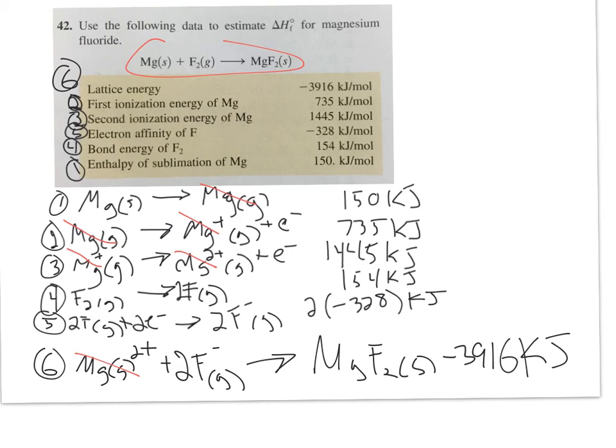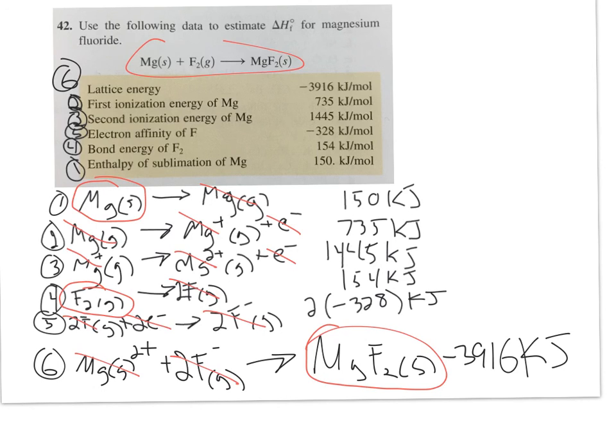We've got 2 fluorine atoms on both sides. We've got 2 fluoride ions on both sides. And we've got 2 electrons on this side, 2 electrons on that side. So what's left once we cancel out all that stuff is solid magnesium plus fluorine gas on the left, and on the right is magnesium fluoride solid.